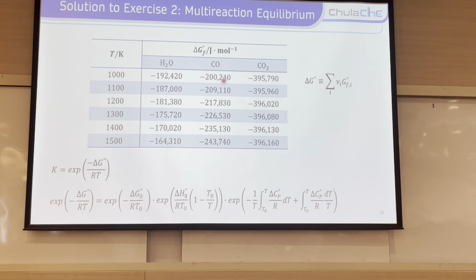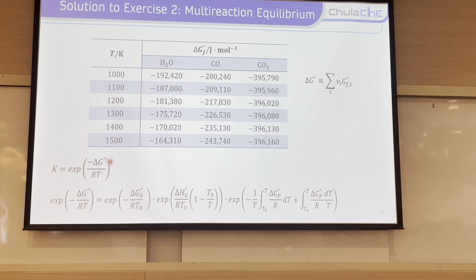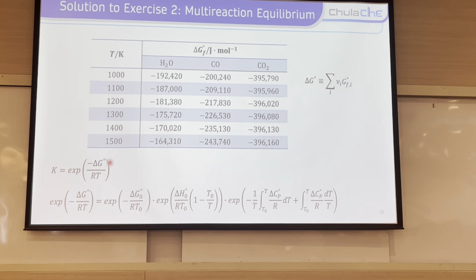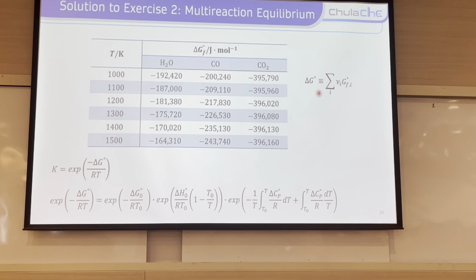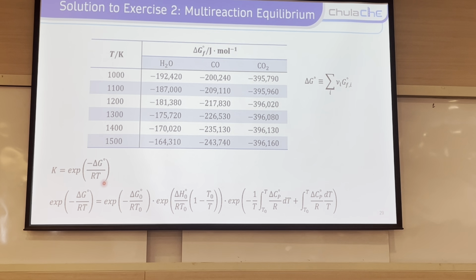Then you can use these values to calculate delta G directly, and this one is the same as this parameter. You calculate this parameter by using the stoichiometric number multiplied by the standard Gibbs energy of formation and summing over every species. Then you put it back into this equation, divide by the gas constant and temperature here, and take the exponential. You can then know the equilibrium constants at that temperature.